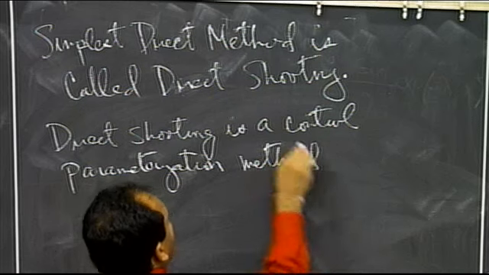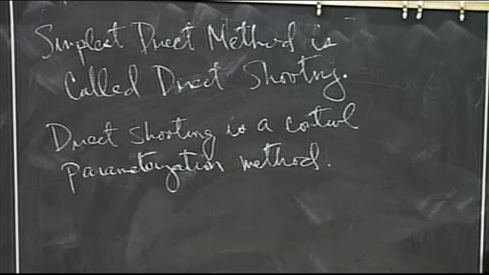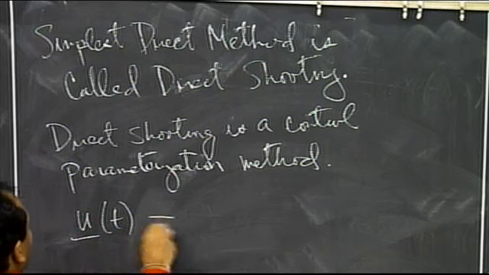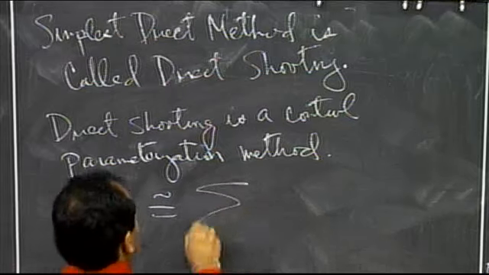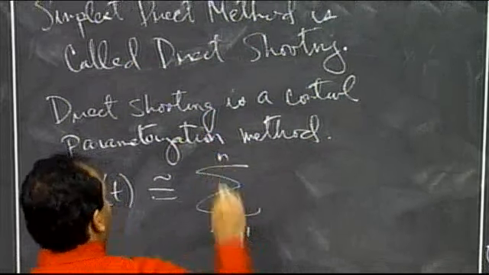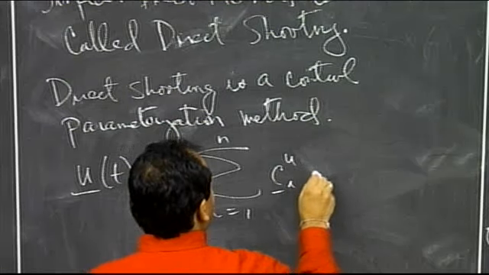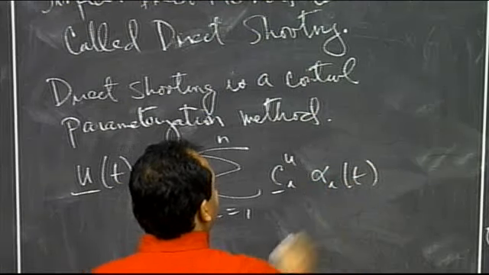We do not give a function approximation for the state. So the control gets approximated the way I have over there. You say u of t gets approximated as some combination of some coefficients times alpha_i of t.